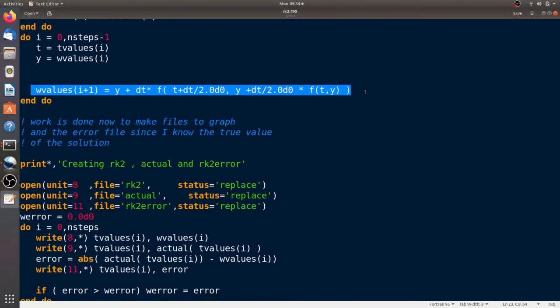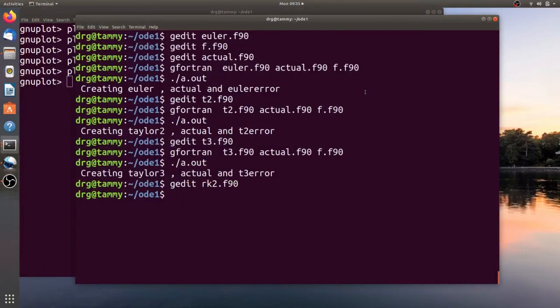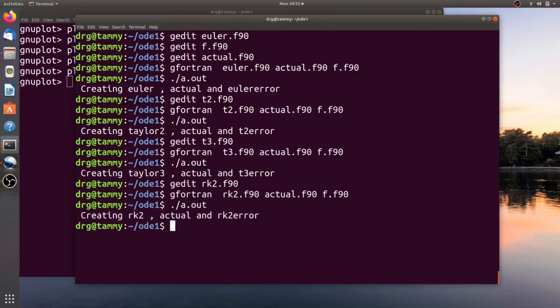So that one line implements all of that work that we did. It created a file called RK2 actual and RK2 error.